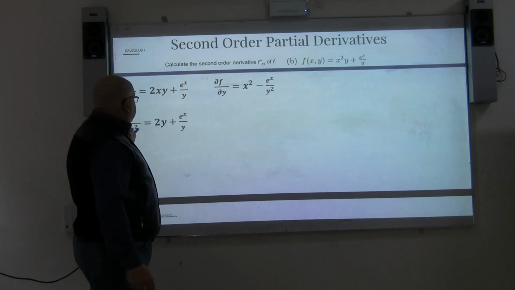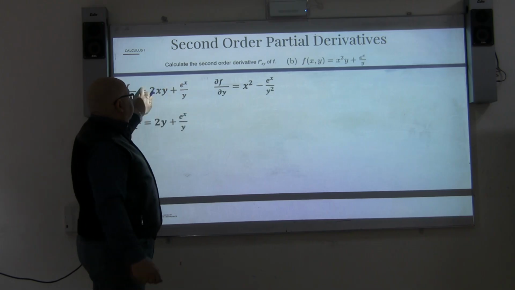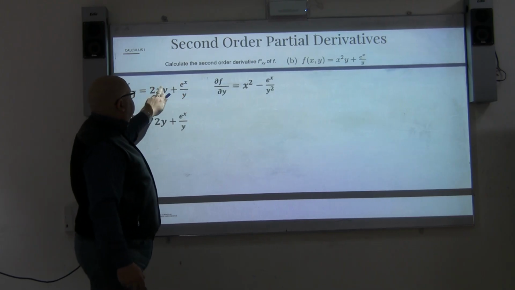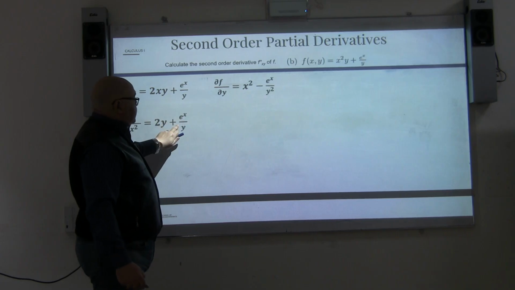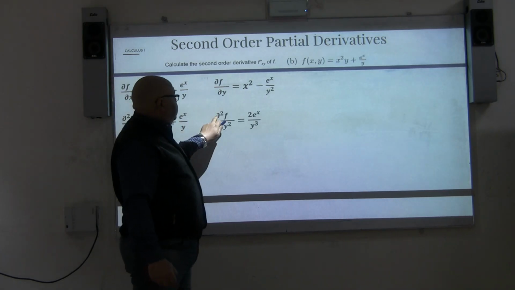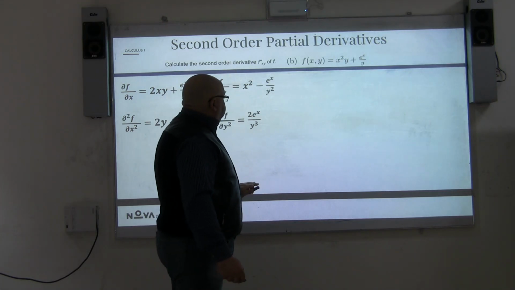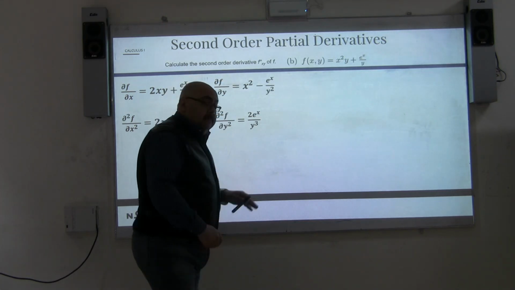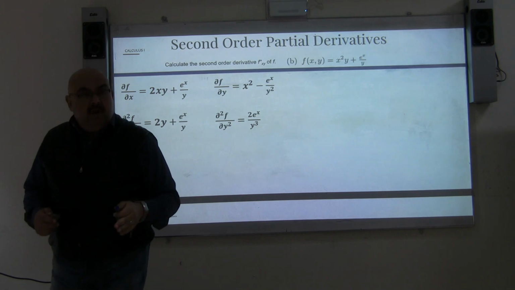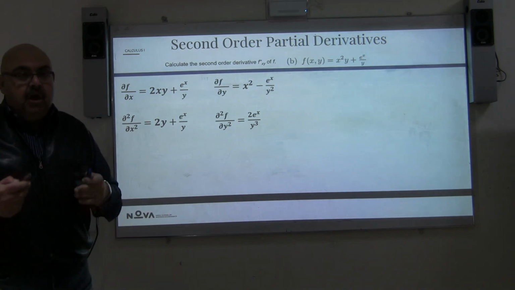So getting partial 2f partial x squared, we're really familiar with this. I will differentiate this function twice with respect to x, so it's going to be 2y, and this is going to be e to the power of x over y. If needed, to get partial 2f partial y squared, although it is not required here, I put it with our work in order to give you more training.